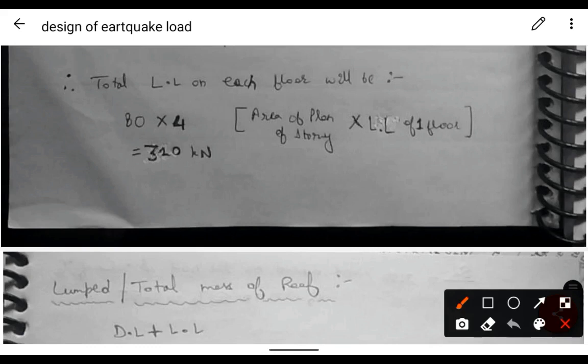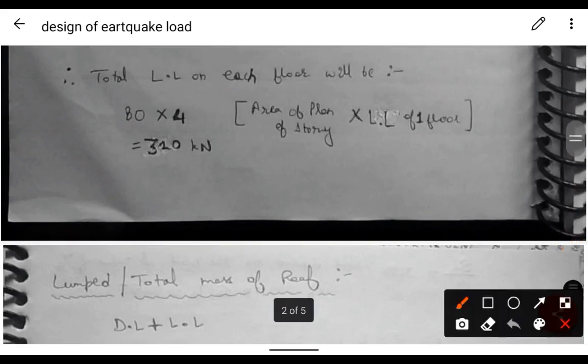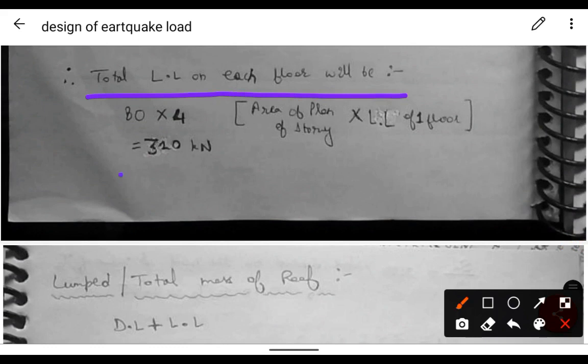Now after calculating the live load, we need to calculate the total load on each floor, that will be 320 kilonewton. I'm going to explain how we calculated the total load on each floor.